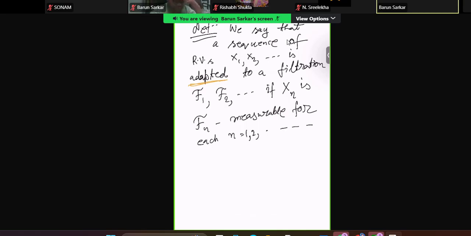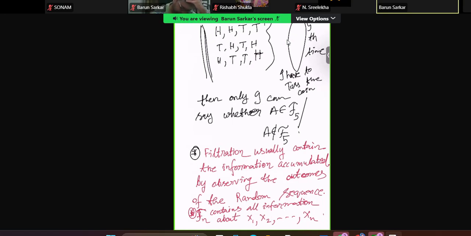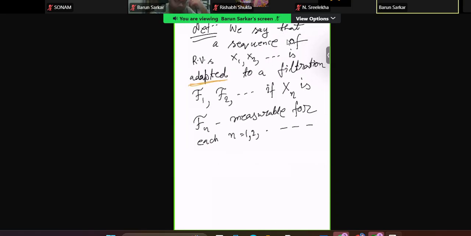Between martingale. So that's also. So we have defined this thing.